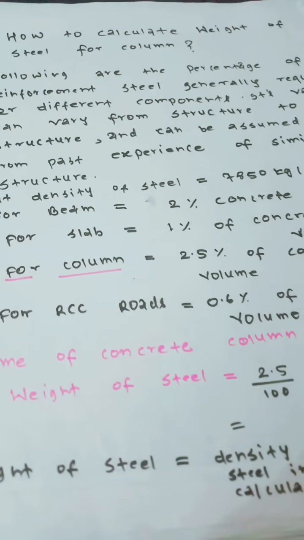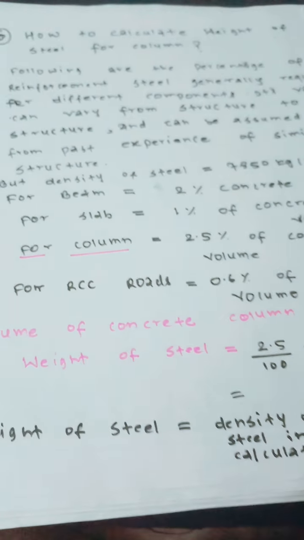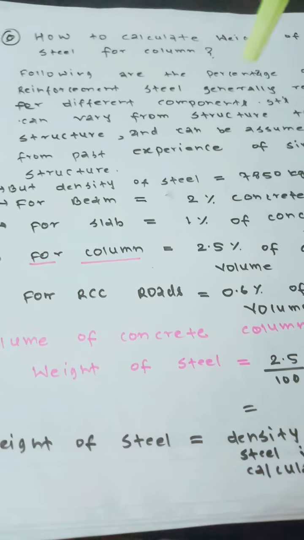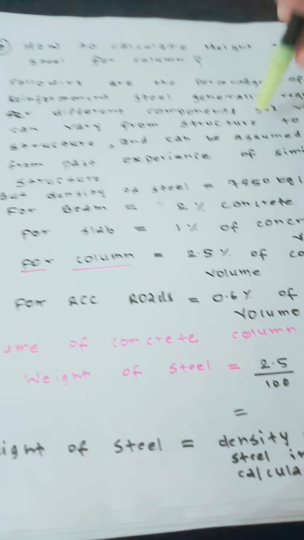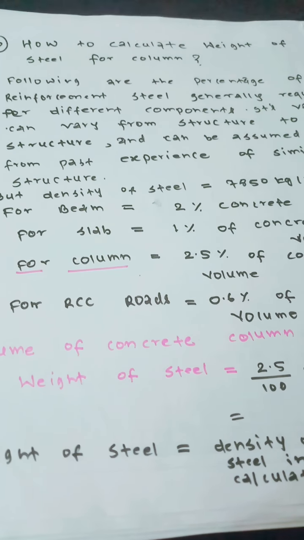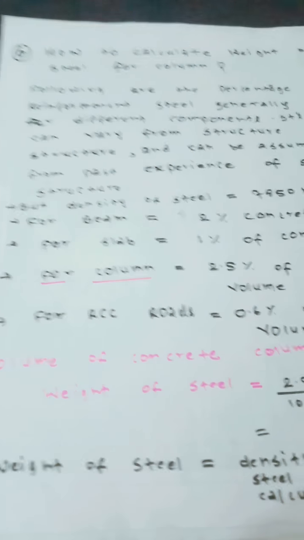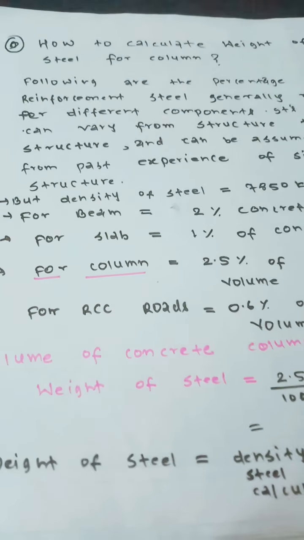If we make a 15 meter by 13 meter house, depending upon the area, the structure of the column varies. The value will change, so the weight of the steel will go up and down. It will increase also, it will decrease also.